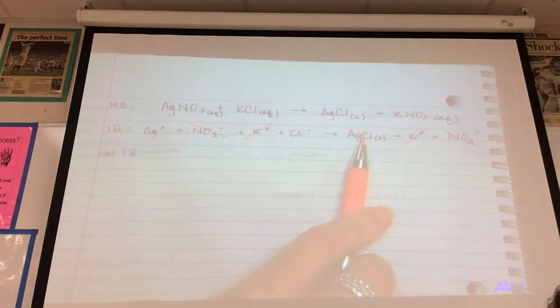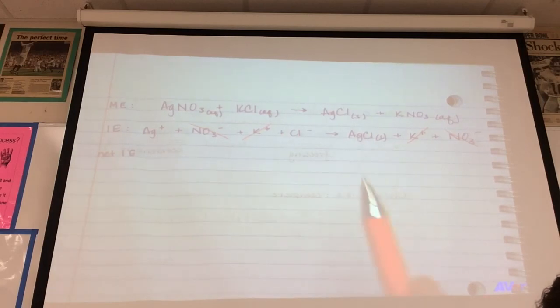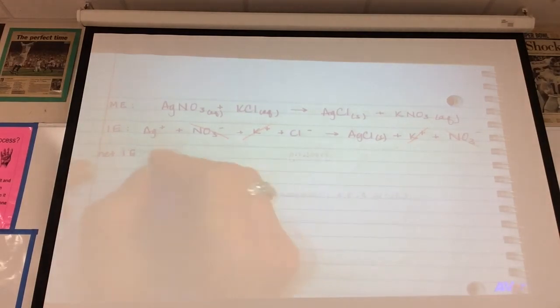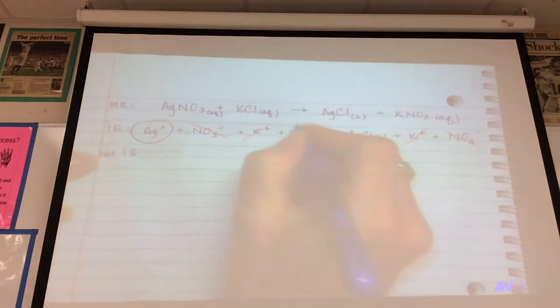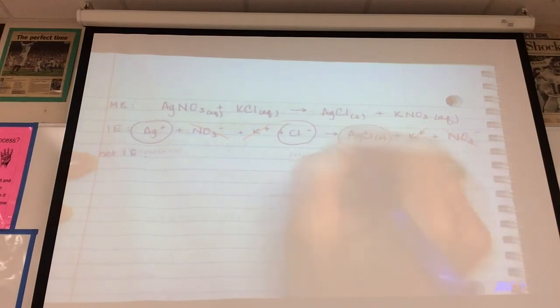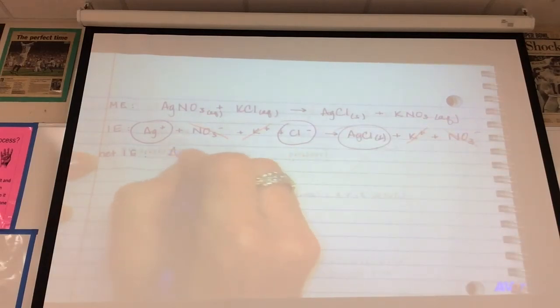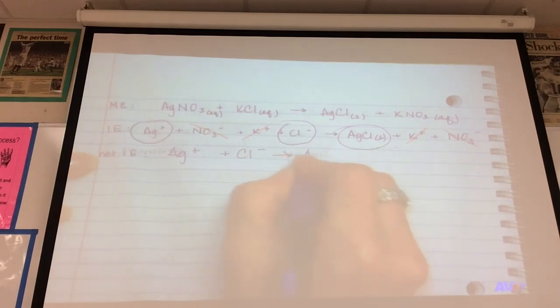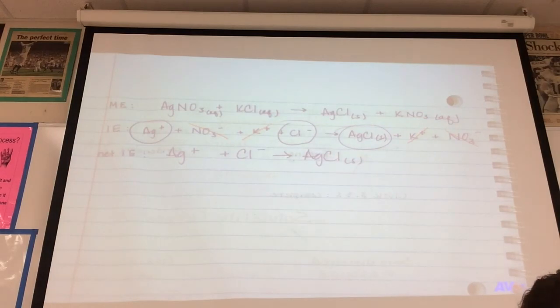Now they can influence the game because we all know there's a home field advantage, but they do not physically get down on the court and play unless they've gone nuts, and then they'll get arrested. So your net ionic equation is what you have left. Silver ion plus chloride ion makes silver chloride. And that is a net ionic equation.